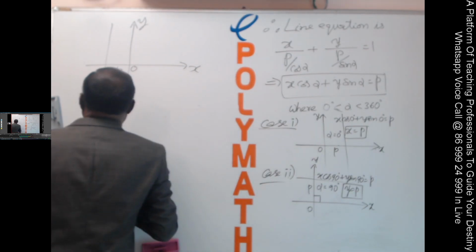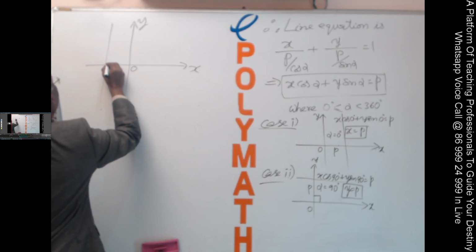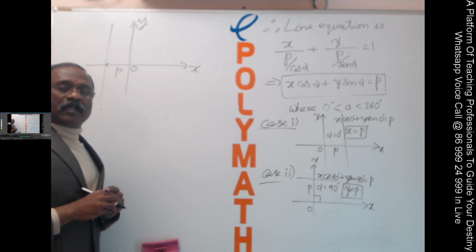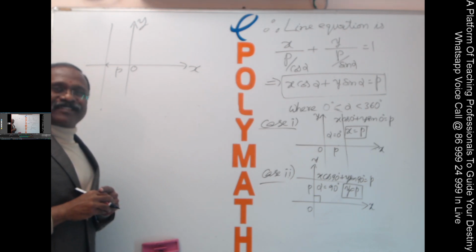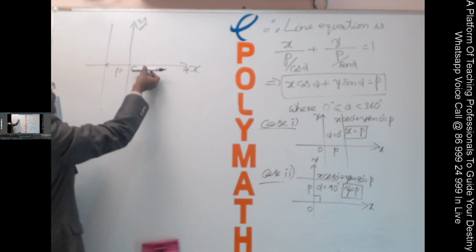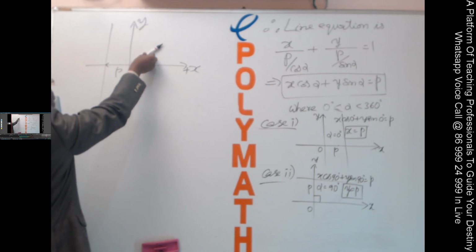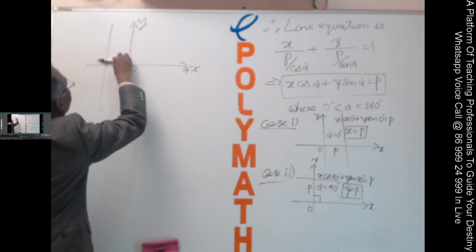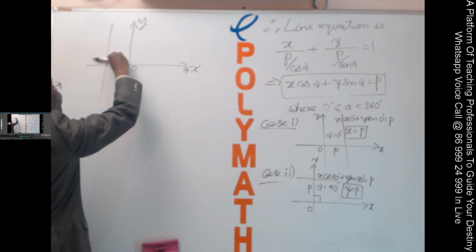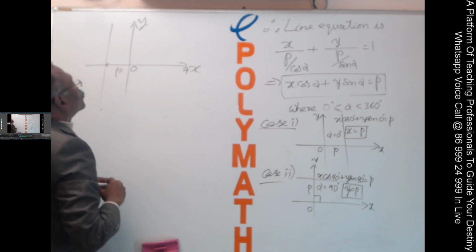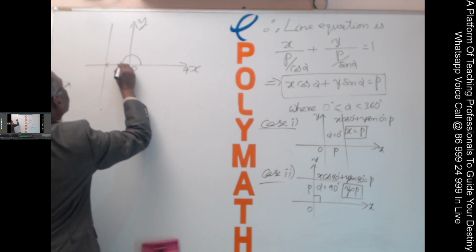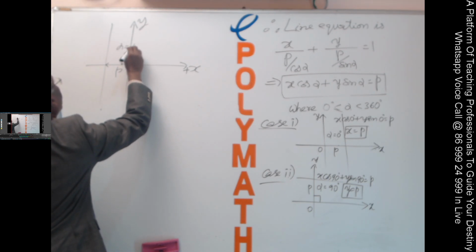This is the perpendicular. This perpendicular makes an angle alpha with the positive x-axis. Then you have to rotate the x-axis such that it reaches the normal. So here this alpha is nothing but 180 degrees.